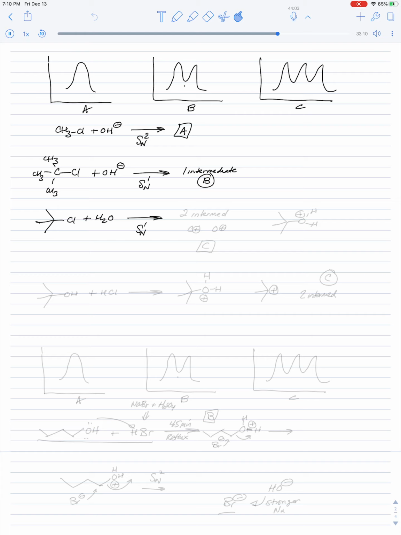How many intermediates does this have? Two. Those two intermediates are the carbocation and the oxonium ion that comes from the water adding to the carbocation. So in this case it has two intermediates, which makes it C.